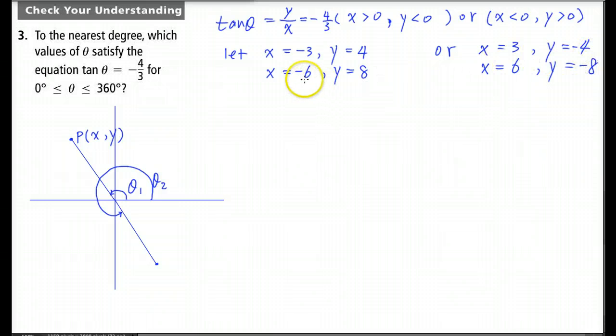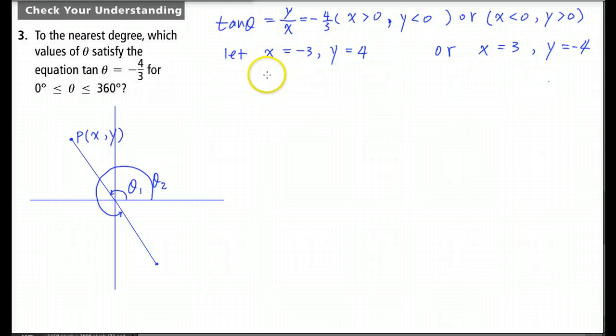Each one is going to work, but to make it easier, we just choose -3 and 4, since they're integers. So we don't really need this. This is for theta 1, and this is for theta 2.